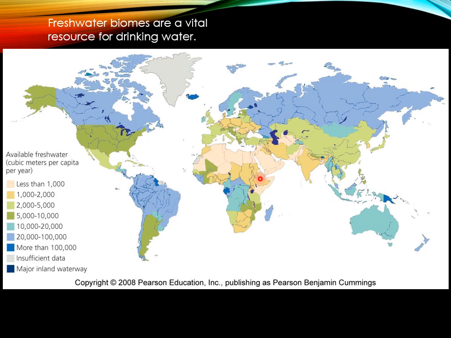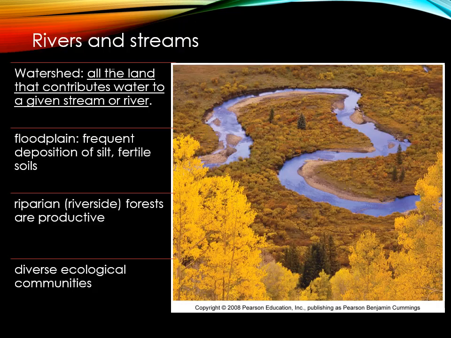So they have to figure out how to make fresh water available. Other countries might not have the infrastructure, so there might be fresh water, but if you don't have pipes or water treatment plants, then you don't have the ability to get fresh water that's safe for drinking to your population. So we'll come back to thinking about some of those issues.